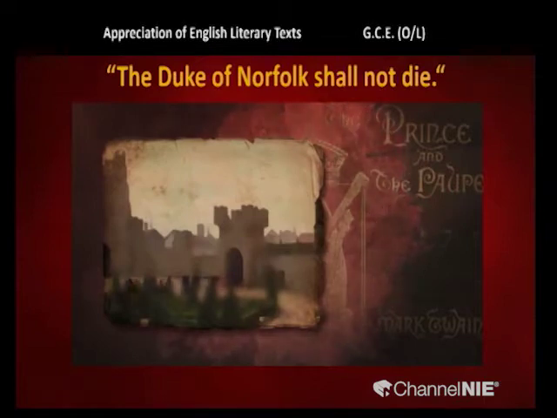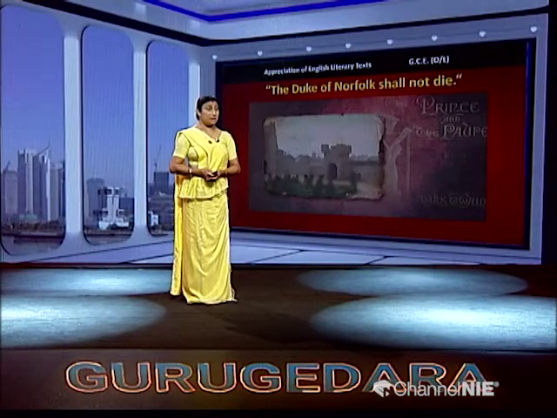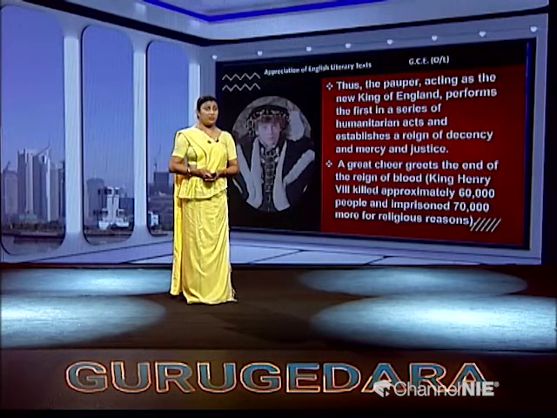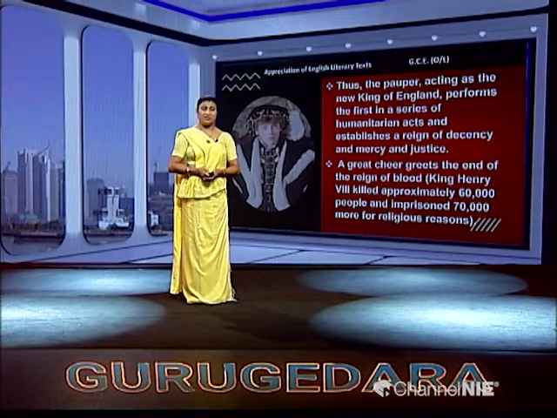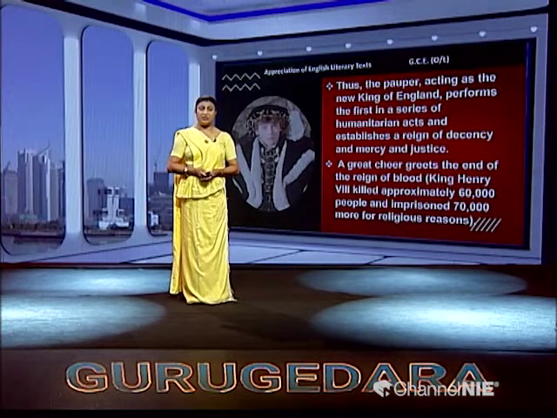I think you were able to hear the cheering sound of the crowd. Thus, the Pauper, acting as the new King of England, performs the first in a series of humanitarian acts and establishes a reign of decency and mercy and justice.